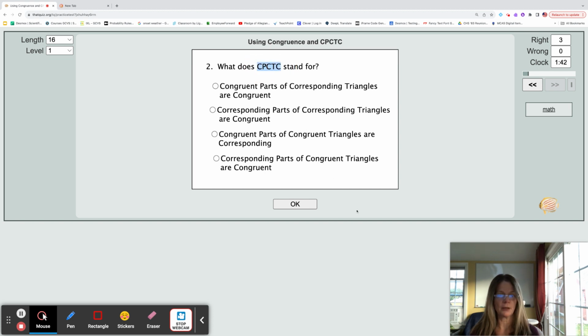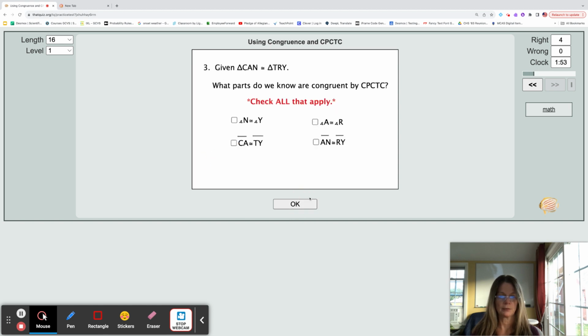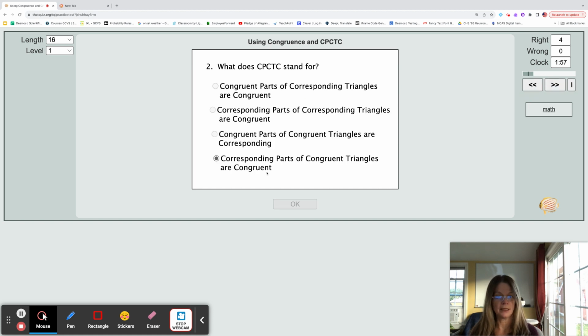CPCTC, we've been talking about this, is corresponding parts of congruent triangles are congruent. That's what it stands for. Because of CPCTC, when we know that a pair of triangles are congruent, we can identify that corresponding parts will also be congruent.